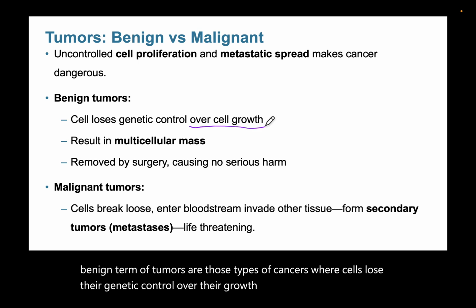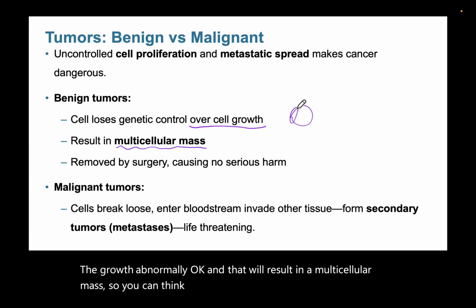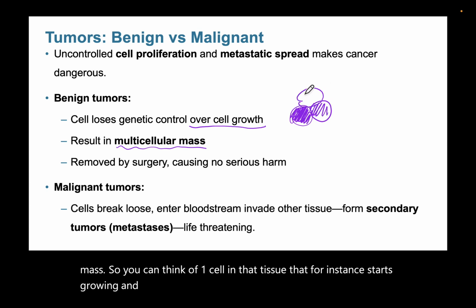So they grow abnormally, okay? And that will result in a multicellular mass. So you can think of one cell in that tissue that, for instance, starts growing and also dividing without any control, okay?